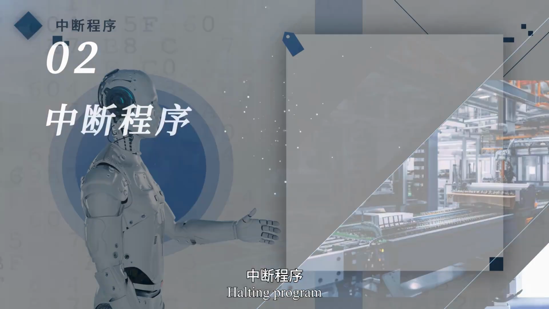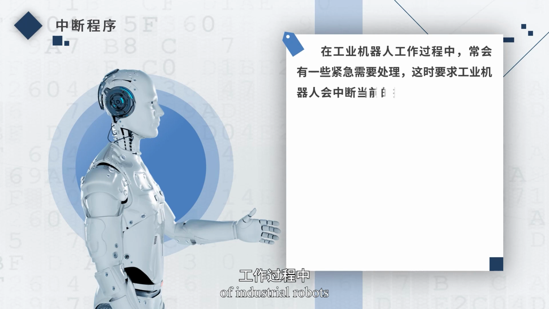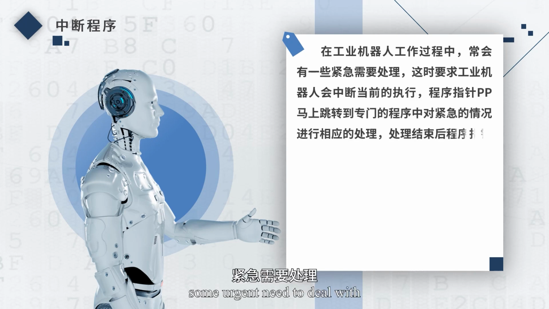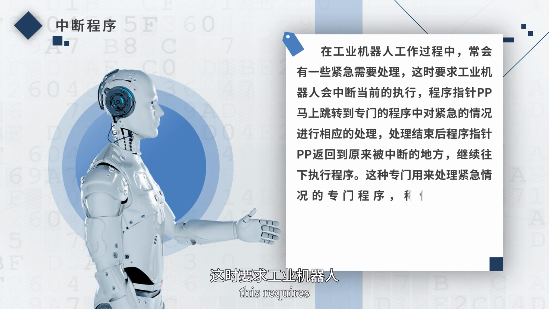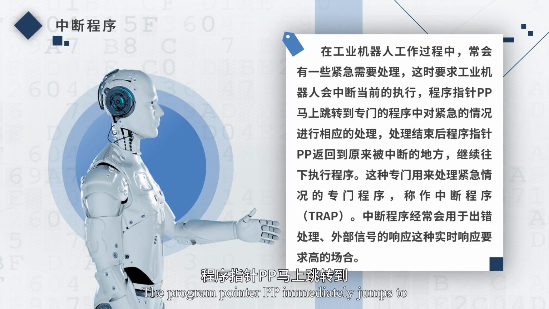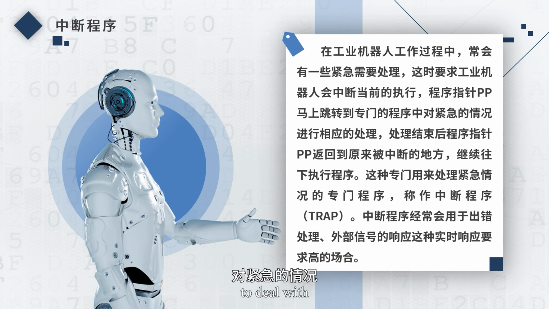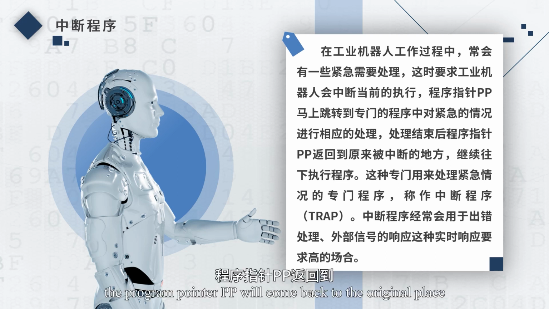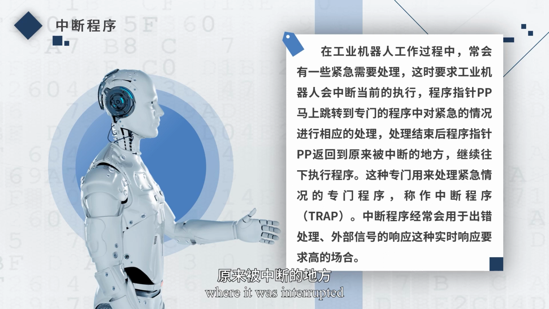Halting program. In the working process of the industrial robots, there are often some urgent situations that need to be dealt with. This requires the industrial robot to interrupt the current execution. The program pointer PP immediately jumps to a special program to deal with the emergency situation. After that, the program pointer PP will come back to the original place where it was interrupted and continue to execute the program.